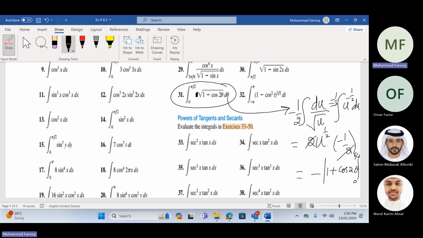Cosine 0 is 1, so you get 1 plus 1, which is 2, for the lower limit, and the upper limit pi gives 0. I'll check it. Why do we put this absolute value? No need.